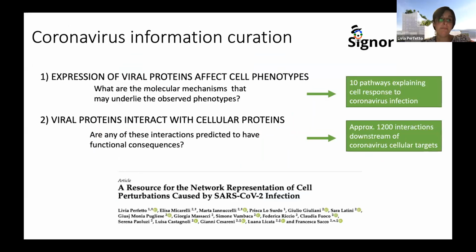So, summing up, we curated 10 new pathways explaining the cell's response to coronavirus infection. We also annotated 1200 interactions downstream of coronavirus targets. And we developed this new algorithm to measure pathway proximity, which is described in our recent publication.